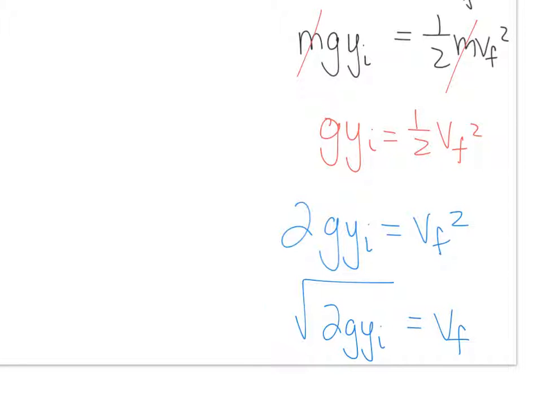And I'm going to put a plus or minus here. Tell me what you get as a number, please. 2 times 9.81 times the height of 4 meters under the square root. 8.86. That's what I got also.